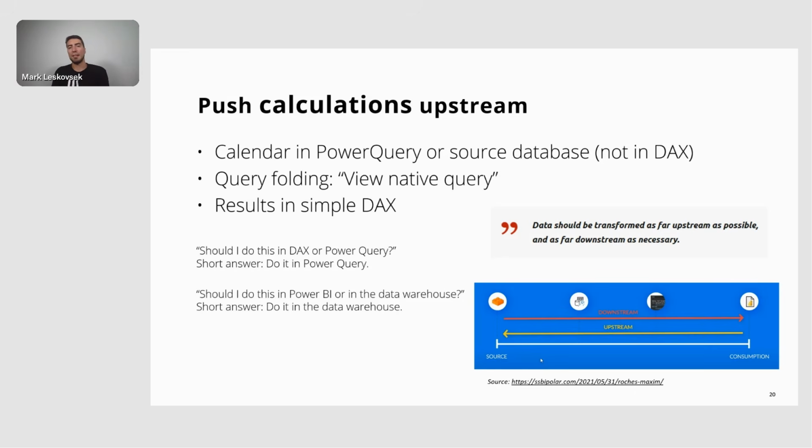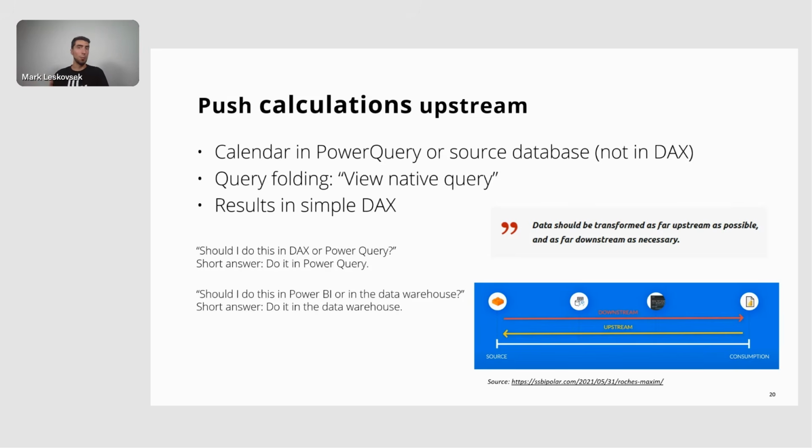And his maxim states as such: data should be transformed as far upstream as possible and as far downstream as necessary. Now, when you're deciding whether to do it in DAX or Power Query or at the source, note this: performing data transformation in Power Query ensures that when your data is refreshed, the data is loaded into the data model in the shape it needs to be in.